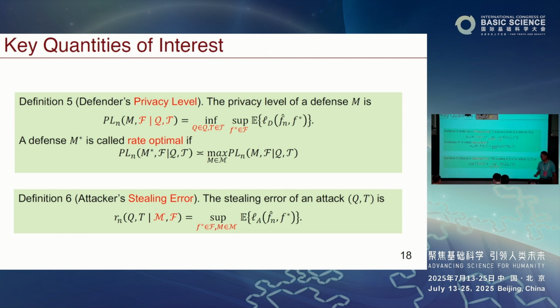Called optimal defense. This is from the defender perspective, and you can also look from an attacker perspective. Then we call that stealing error. So you see here, what's the smallest risk the attacker can achieve when F star is in the class, and because you don't know how the defender will defend, we can allow the defense mechanism to be in a certain class.